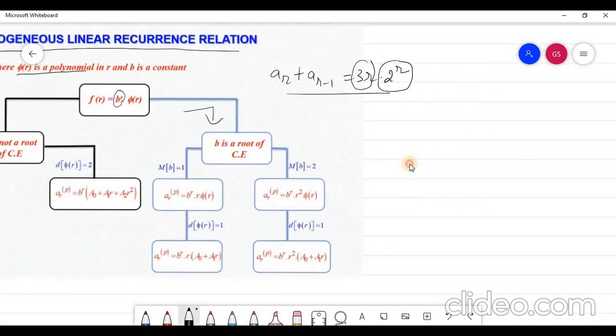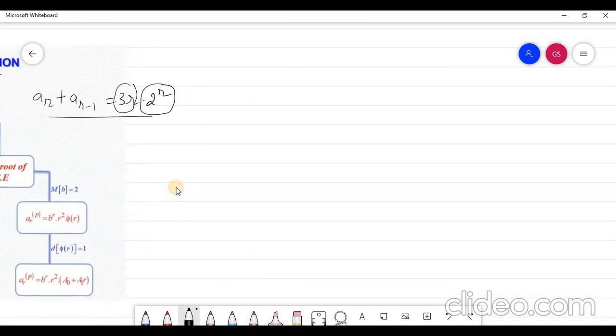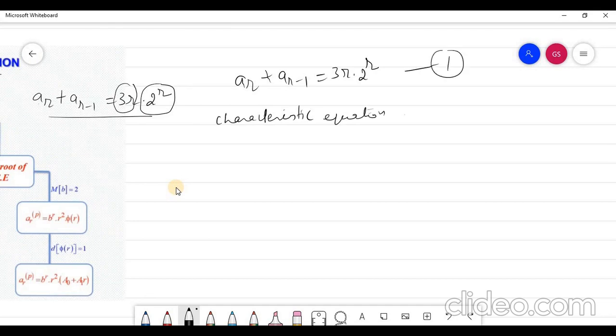Suppose we are trying to solve the problem that we mentioned earlier, that is a_r + a_(r-1) = 3r * 2^r. Let us call this equation number 1.